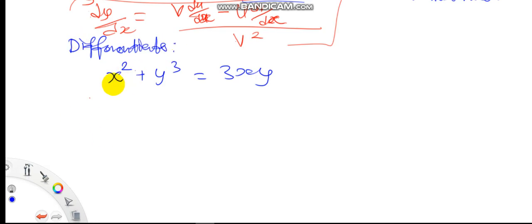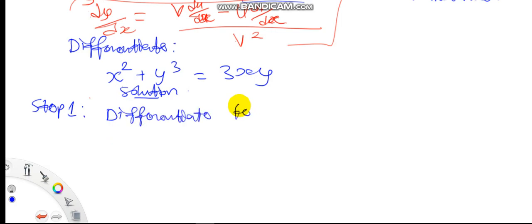To differentiate this, we say step 1, solution. Sorry, I'm racing against time for this one. So step 1, we say differentiate term by term.